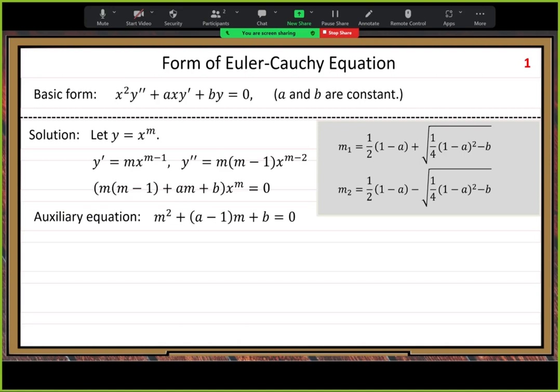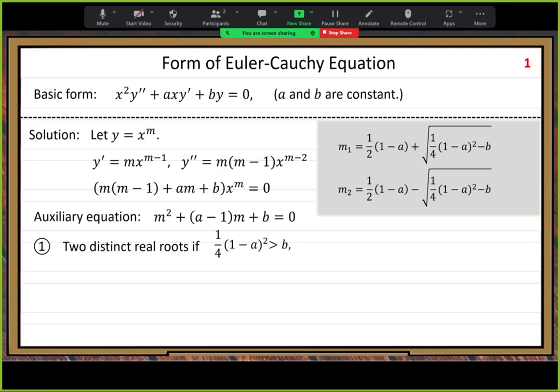Then we discuss 3 cases for the expression under the root. You can see we can do it in an analogous way. First, 2 distinct real roots.